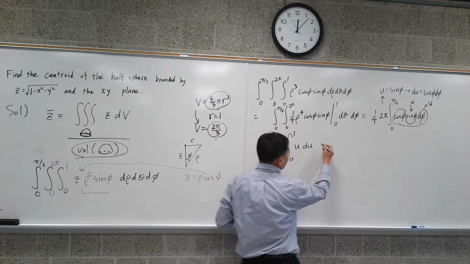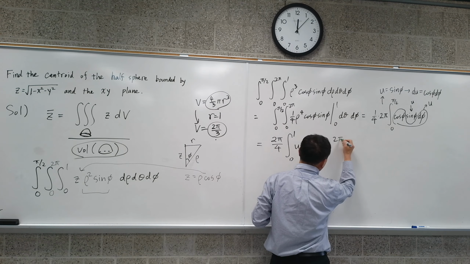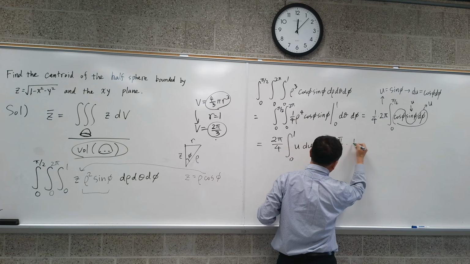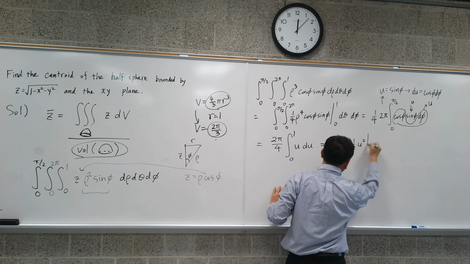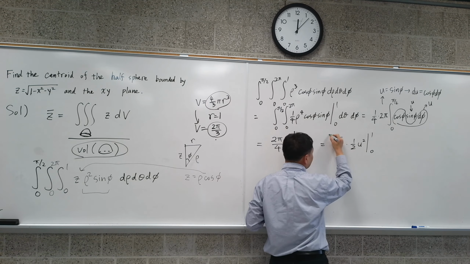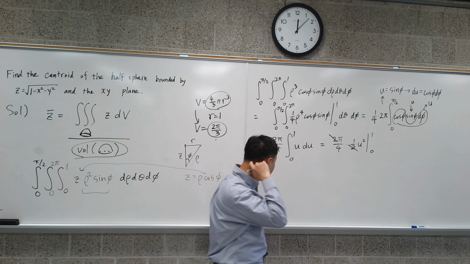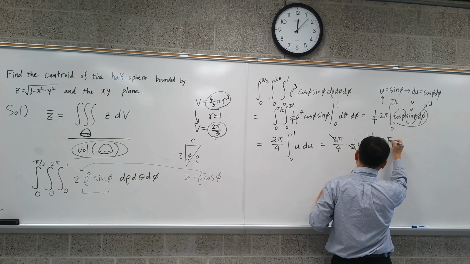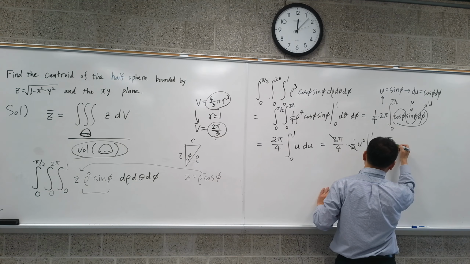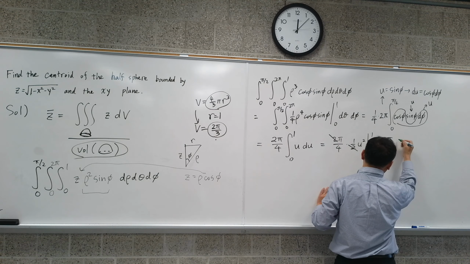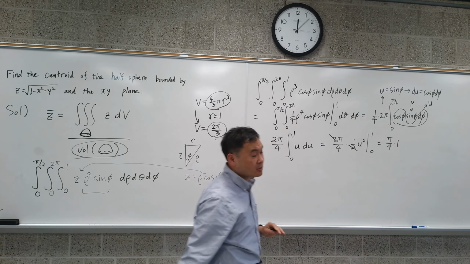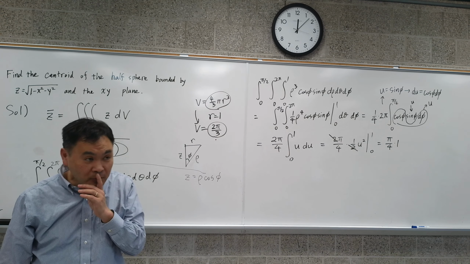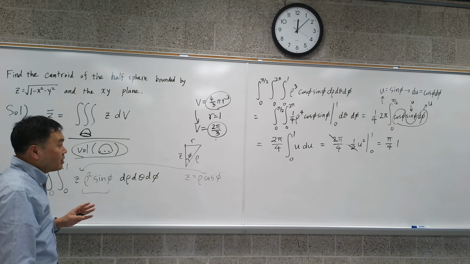Then that integral is 2 pi over 4 times 1/2 u squared with 1 and 0 plugged in. You can see that 2 and 1/2 cancels out. And you get pi over 4 times 1. Okay, that's what you get. So, is that the answer?